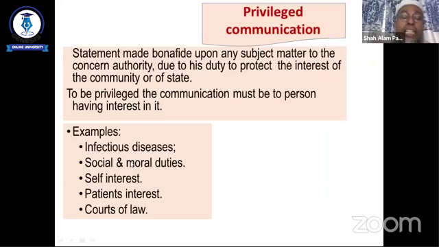In case of infectious disease, suppose a nurse suffering from gonorrhea, or a kindergarten tutor dealing with the kids is suffering from gonorrhea.